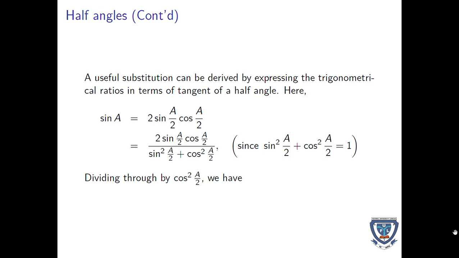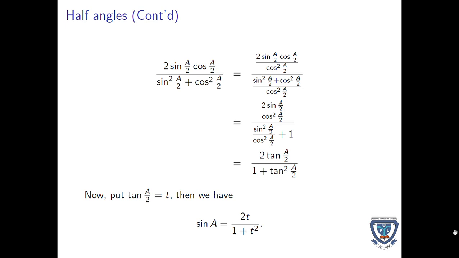Although, by the time you divide through the expression by cos square A over 2, we are going to have that 2 sine A over 2 cos A over 2 all over sine square A over 2 plus cos square A over 2 will break down to 2 tan A over 2 all over 1 plus tan square A over 2.